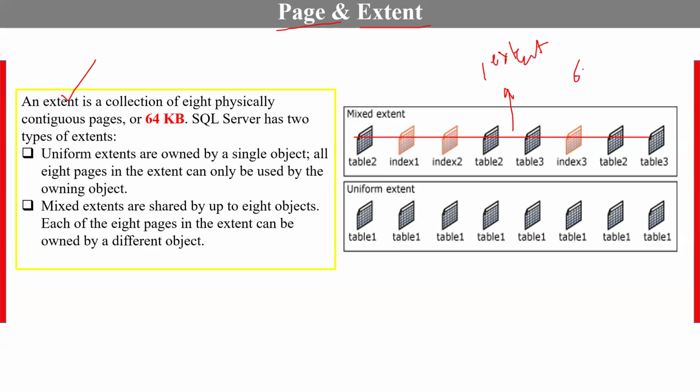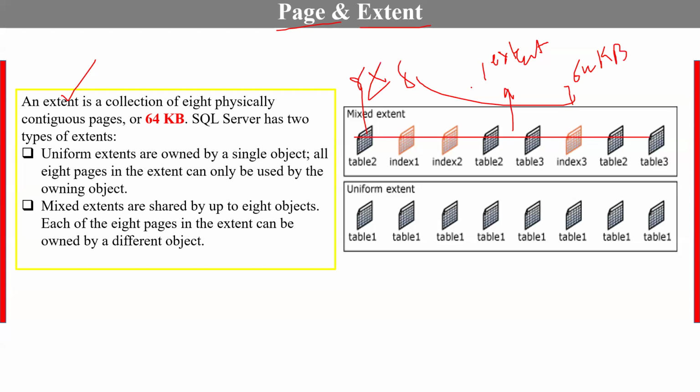The size of an extent is 64 kilobytes, because each page size is 8 KB. 8 into 8 is nothing but 64 kilobytes.